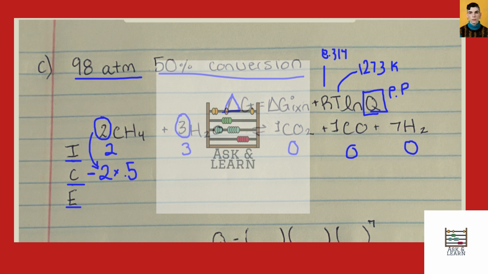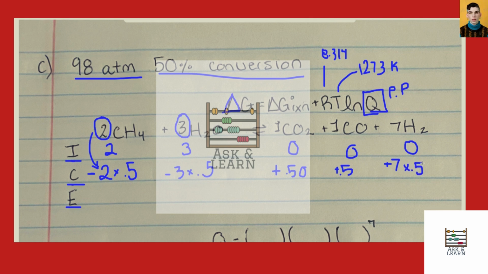So that's the conversion. 50% of these reactants are going away, and we'll do the exact same thing for H2O. And then adding to this side, we'll do the exact same thing, but instead we're adding 50%. So add 0.5, plus 0.5, and then, again, always use your stoichiometric ratios, plus 7 times 0.5.